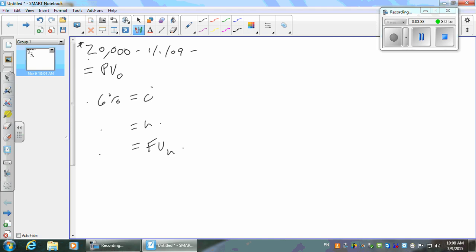So what will the fund balance be at the end of 2013? You guys tell me what n is. We're starting at the beginning of 2009, so count 2009, 2010, 2011, 2012, 2013. How many periods is that?